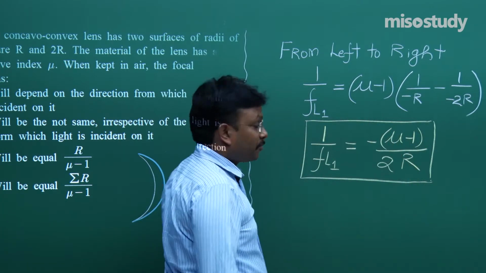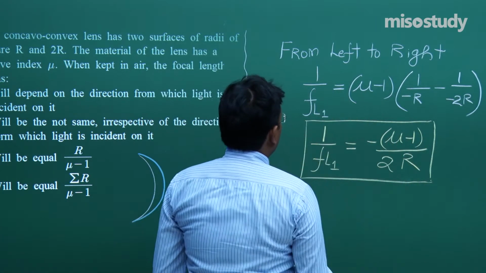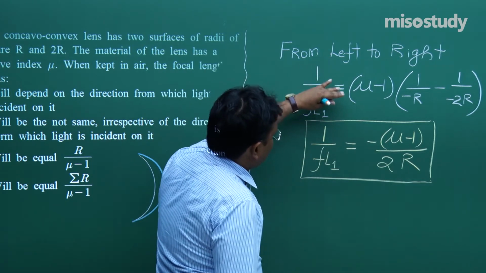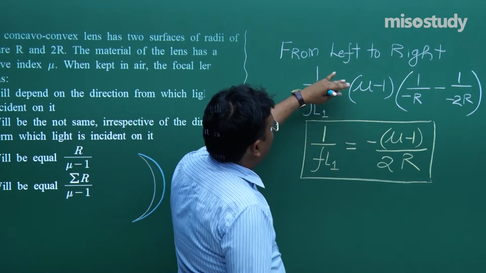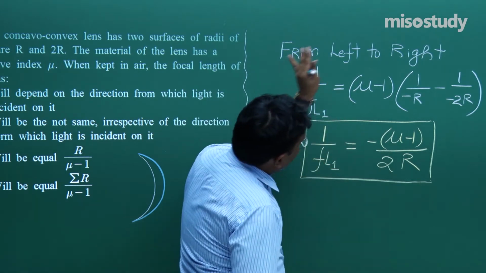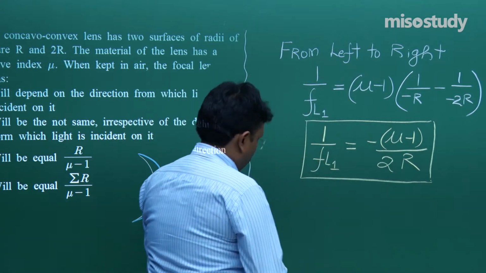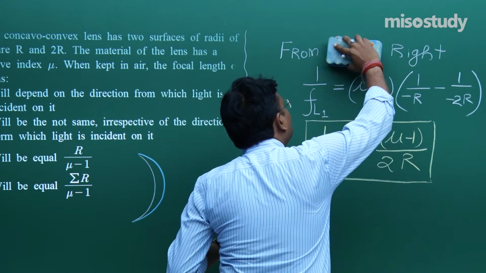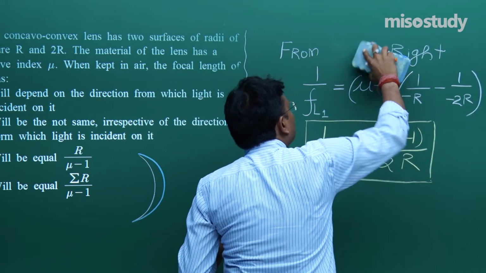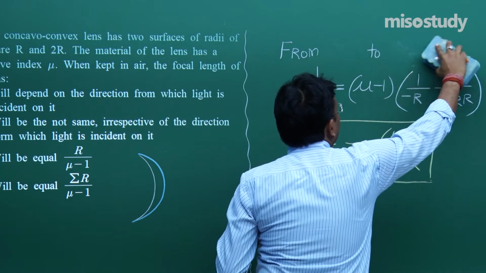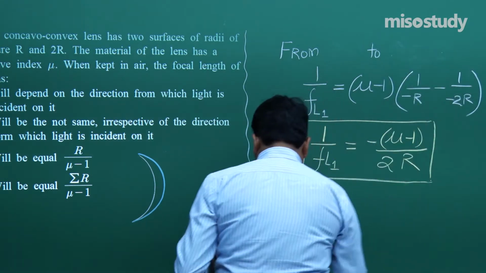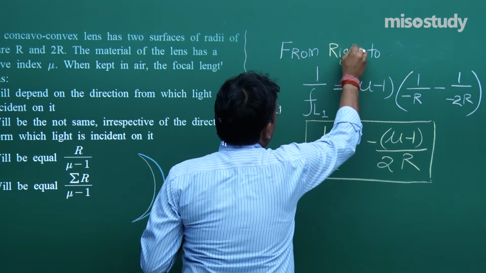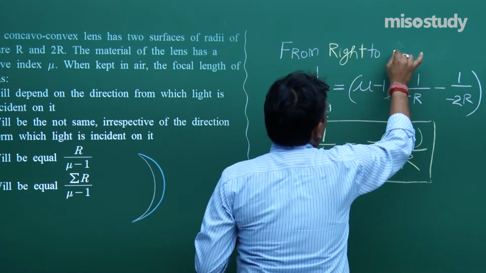No problem. Fine. Now what I would like to suggest to all of you is that at the same space I want to explain you from right to left. Fine. So just change a few terms from right to left.